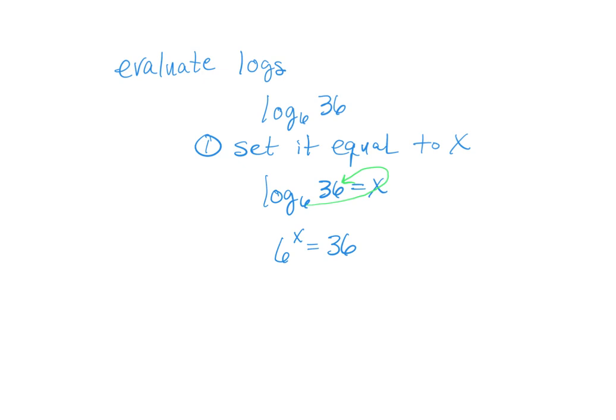So if you remember, our bell ringer looked similar to this. So what we want to do is put the 36 on a base of 6. So let's rewrite it as 6 to the x is equal to 6 to what power? I'm just going to put a blank there for us to fill in the power.